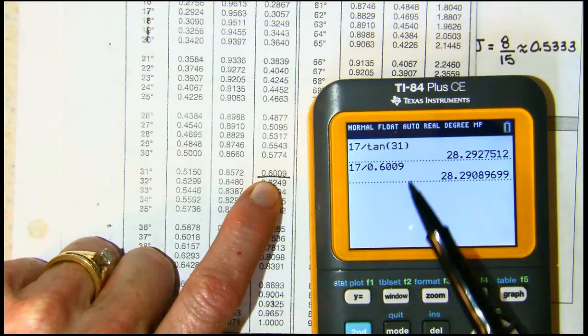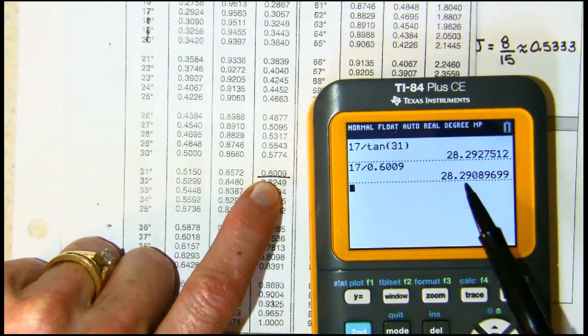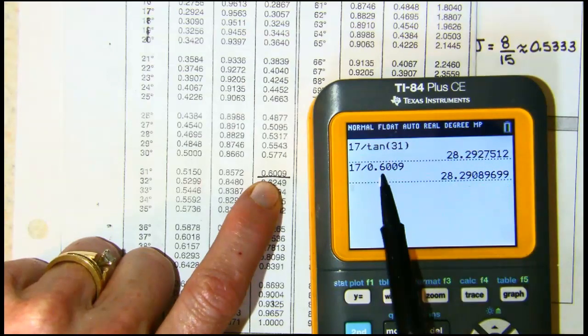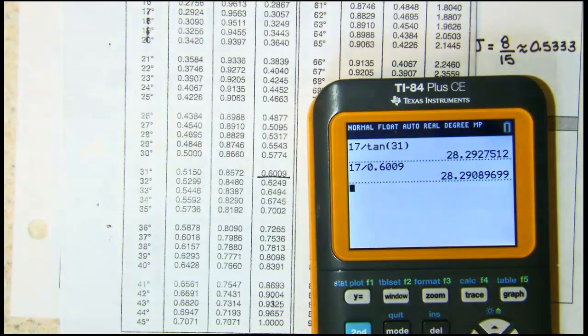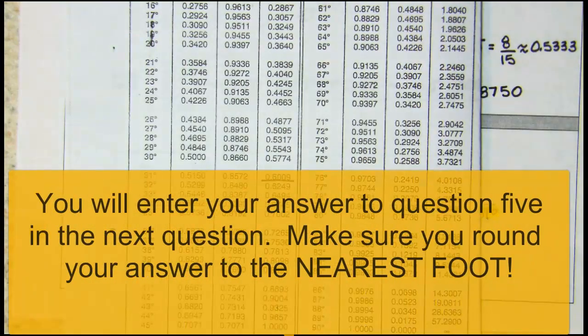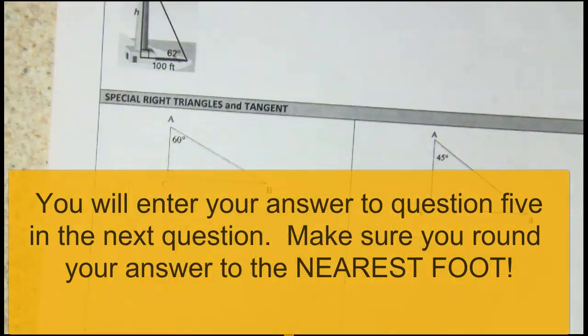Now, the reason why they want this in 10,000ths place is because they don't want a lot of rounding. So if you notice, this is exact, this is rounded, but we still get 28.3 if we use proper rounding rules. Now, the next problem that we are going to attempt to do, you're actually going to attempt this one by yourself. This is question 5.